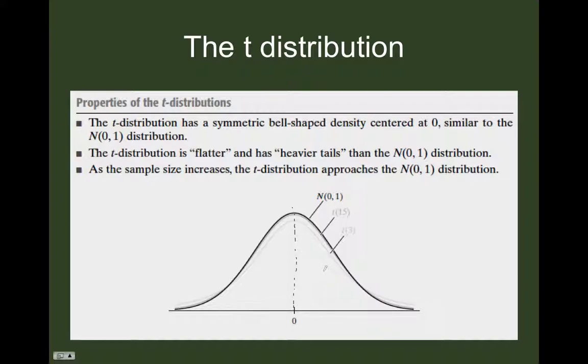So the t and the z distribution are centered on 0, which makes sense because the t transformation has x bar minus mu, just like z does. So if x bar were to equal mu, then t would equal 0. So that makes sense that all of these distributions are centered on 0. So this N(0,1) is the standard normal, for the z distribution.